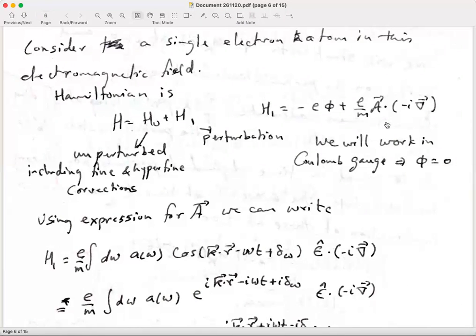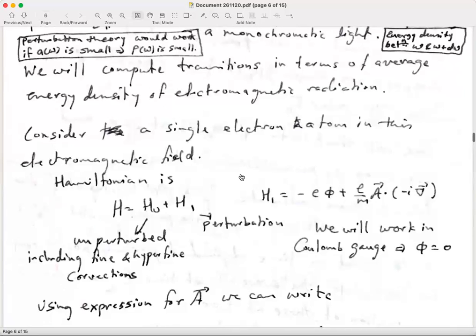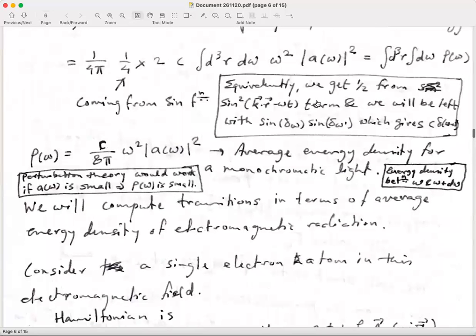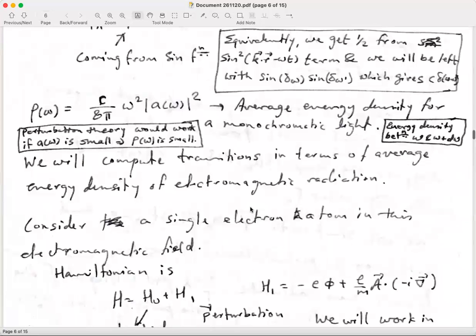So that term goes away, and in addition to this, there exists a term which is proportional to A squared, or A dot A type term, but that is the term that we are going to ignore. The reason why we are going to ignore that term is because we have assumed that A omega is small. So if A omega is small, then the A dot A term would be even smaller.